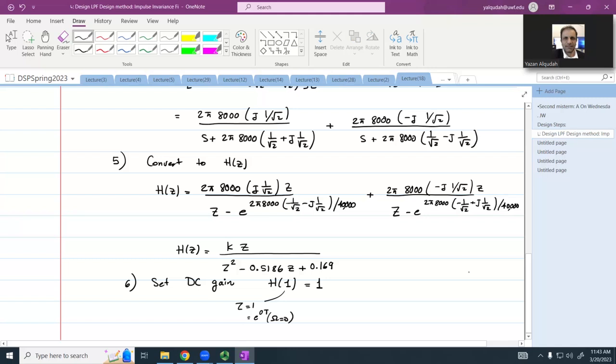Okay, so if I want the DC gain to equal 1, I can calculate the value of k, and k is going to equal 0.65. So I can substitute h of n, 1 over 1 minus 0.5 plus 0.169. And I want it to multiply by k to equal 1. K is going to equal 0.65.